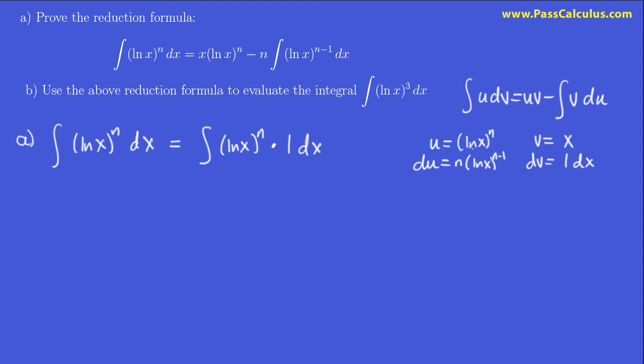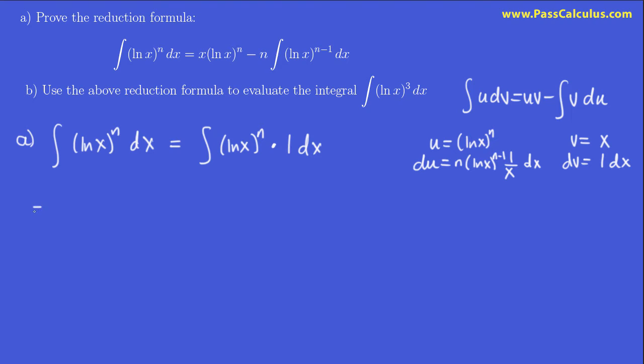And then we multiply by the derivative of ln x, which is 1 over x. And then I have to write dx. Like I said, we need to have a dx on the end there. Okay, so that's everything set up for integration by parts.